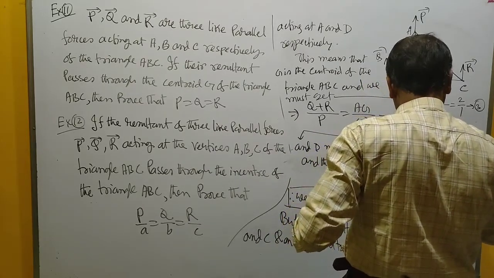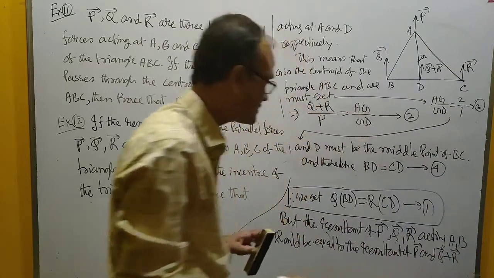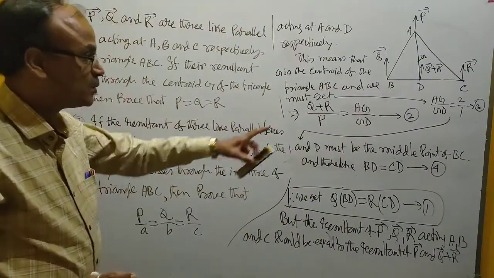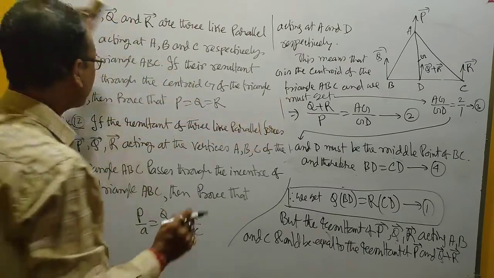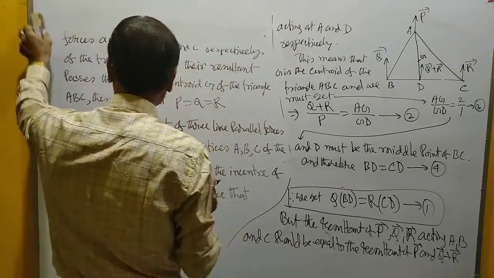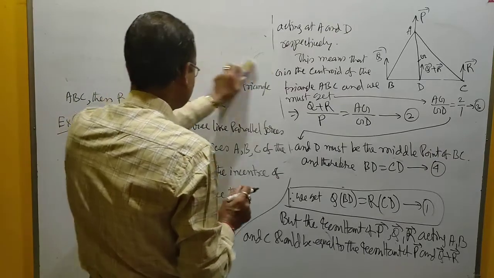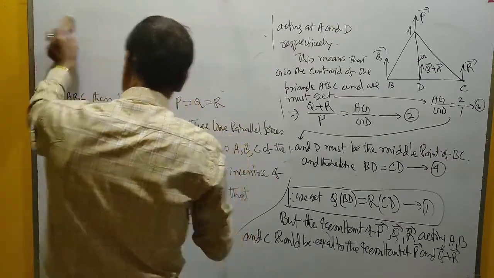And therefore Q is equal to R. Now, from 2 and 3 we get.